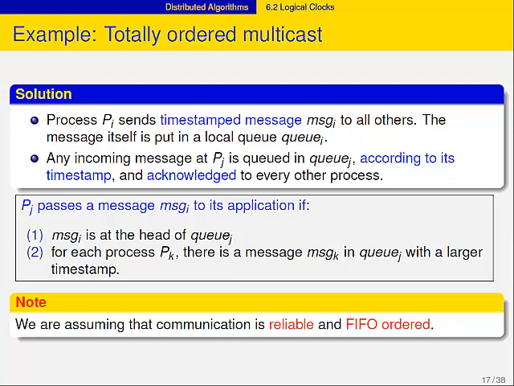Maybe I had some internal events, and I just timestamped it with 10. You did not have a single internal event, and you timestamped your request with 0. Regardless, our process identifiers, you win.